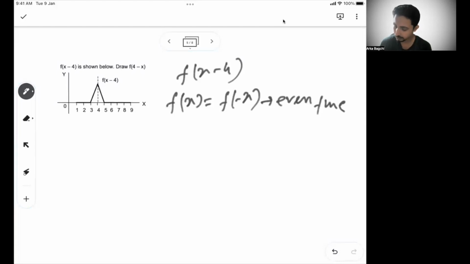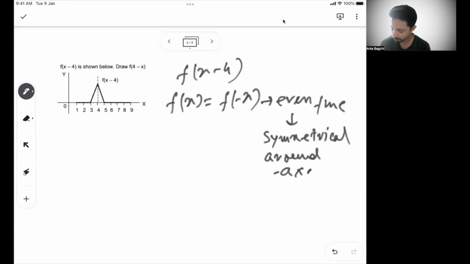And the even function is also symmetrical around the axis. You recall we said f of x equal to x square. Let's say f of x is equal to x square. What will be the graph? The graph will be like this.